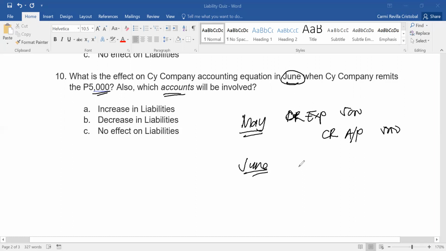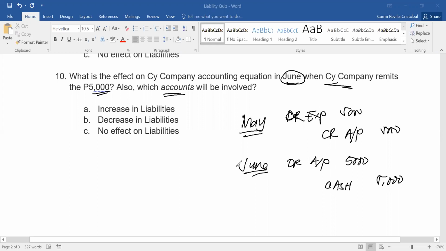nagbayad na siya. So, sabihin, nabawasan mo na si payable mo ng 5,000. And then, dahil binayaran mo na, nabawasan ka ng cash. Okay? Sa books ng CY company.